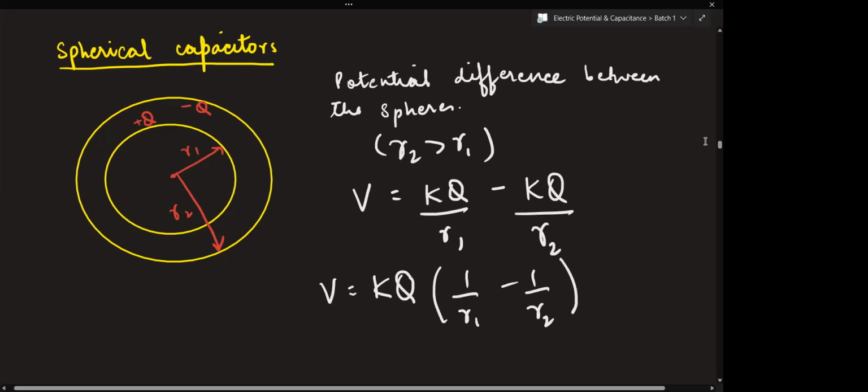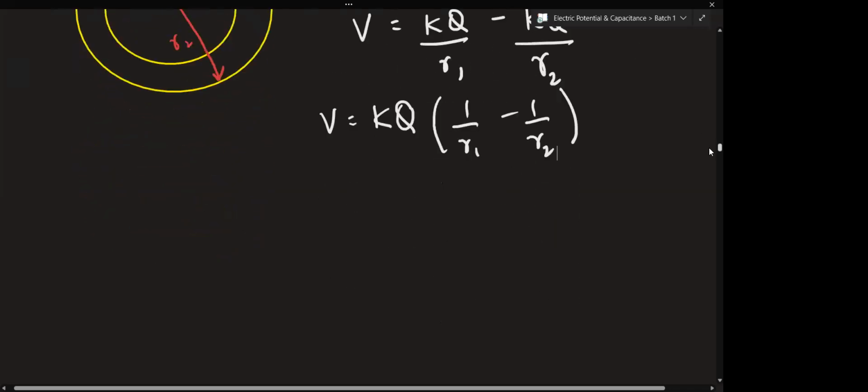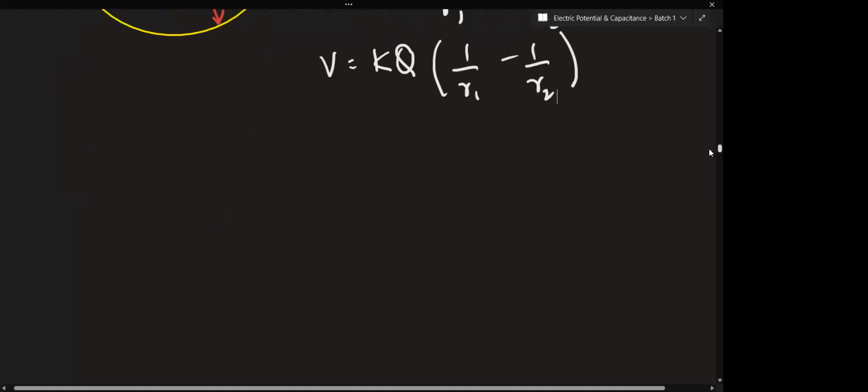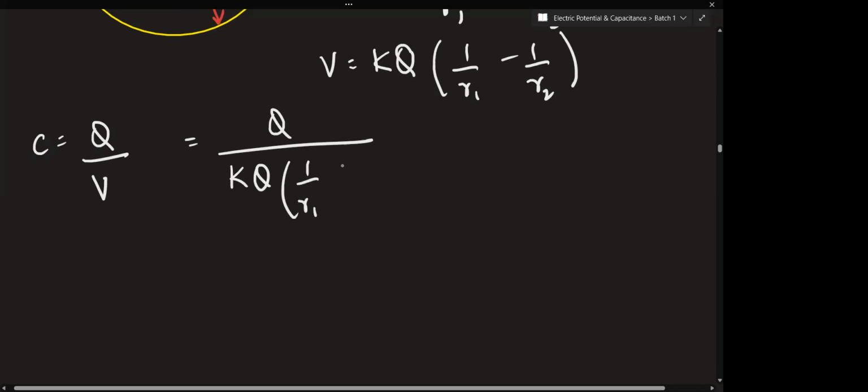Now if we put it in the formula of capacitance, capacitance is Q by V. Put the value of V: Q divided by KQ, 1 by R1 minus 1 by R2. So Q gets cancelled.